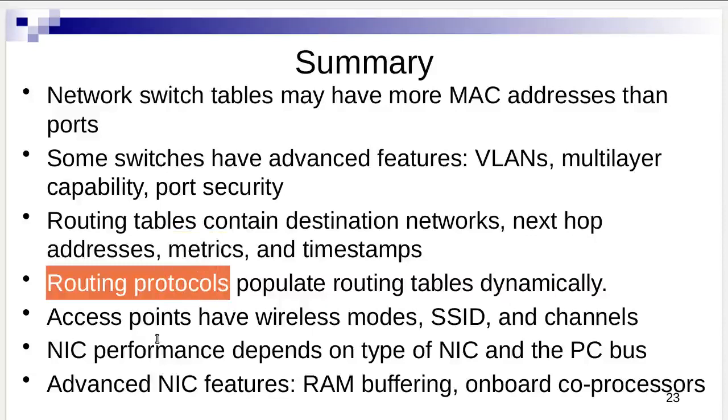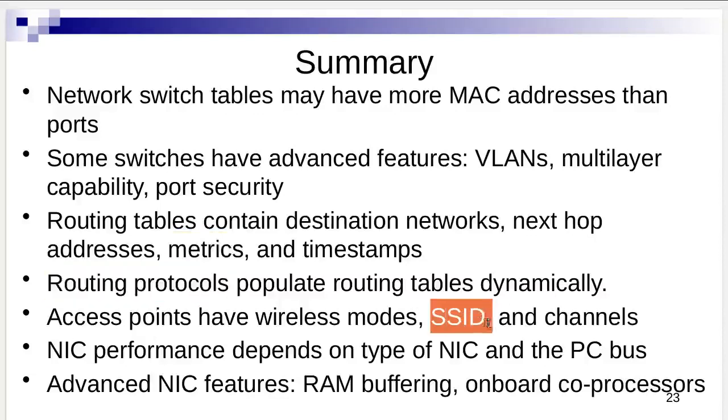So a quick look at access points for wireless networks. We look at what SSIDs are and channels. We looked at how network interface cards can affect your network performance and how they depend on both the card itself and the thing that you're plugging it into, the PC bus.